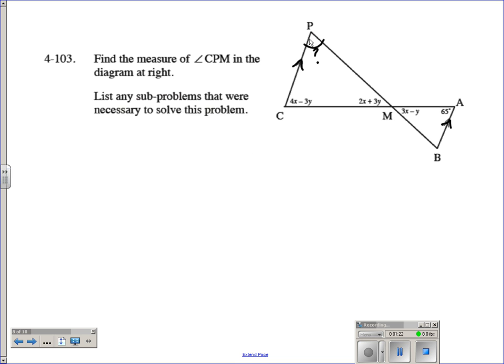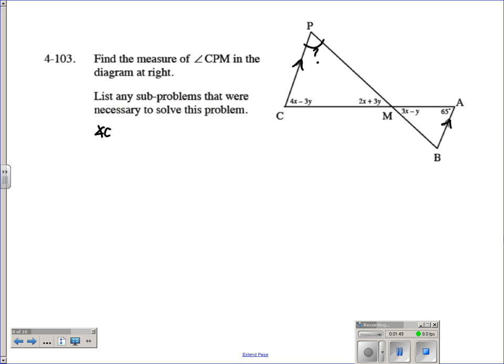I know that angle PCM and angle MAB are congruent. Why? Because they're alternate interior angles. Let's list that here. Oops, I messed up already.